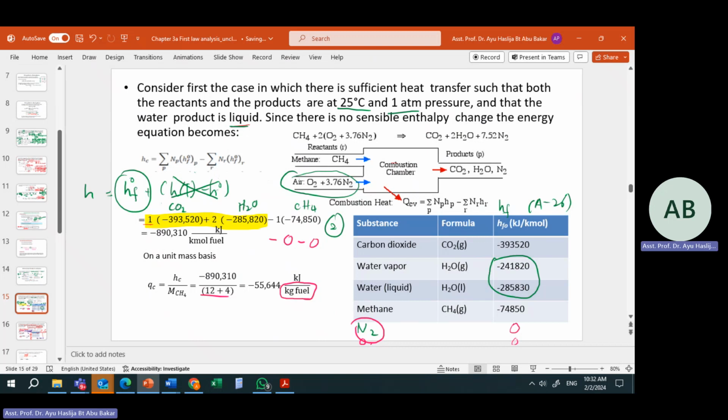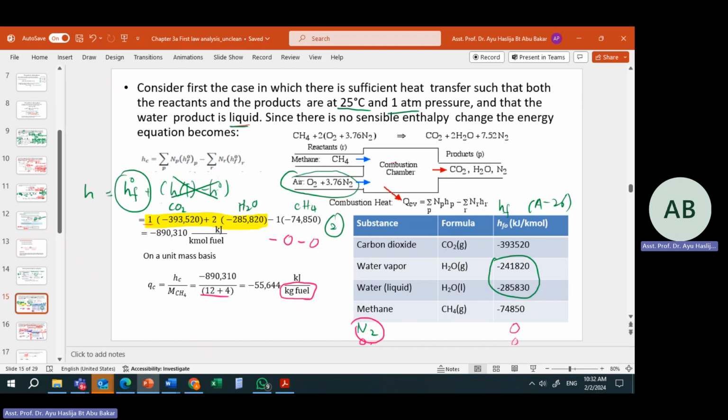Any idea? Why kJ per kg fuel? Because the energy produced is due to the fuel.